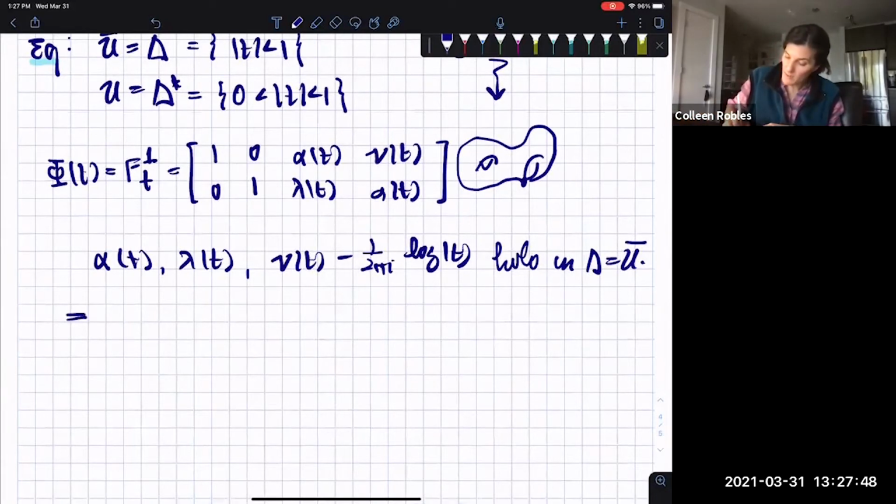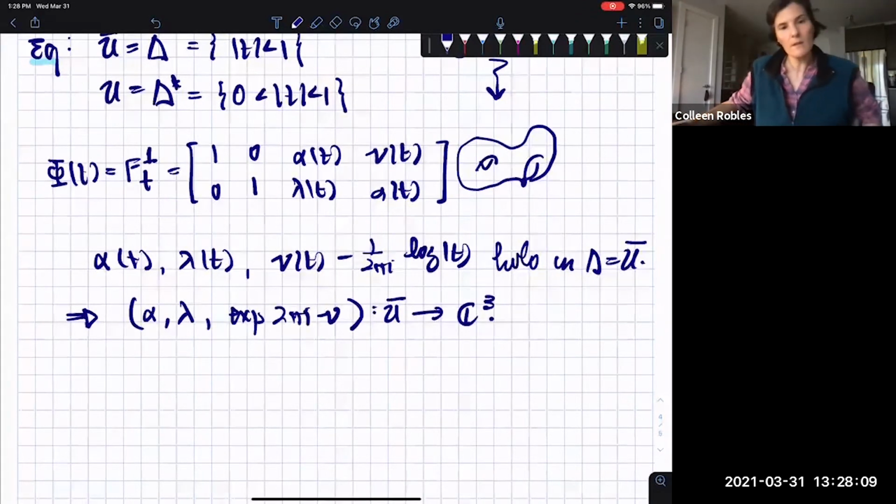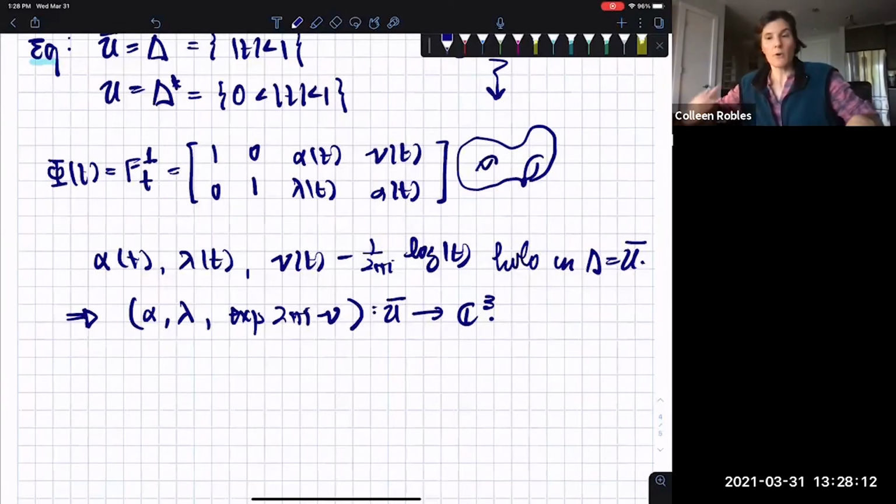But in particular, notice that this implies that alpha, lambda, and the exponential of 2 pi I nu, these give us functions from this coordinate neighborhood into C3. Of course, in general, here the monodromy is very simple. It's just the monodromy coming from log. And once we move to larger sets, the monodromy will be much more complicated, and we will not have this straightforward way of getting functions.